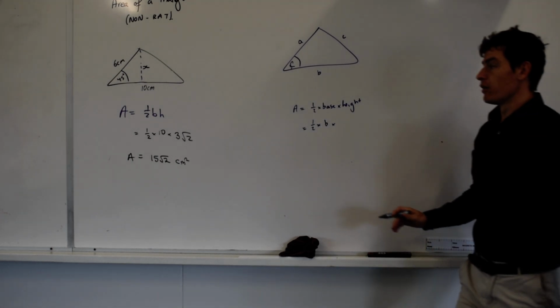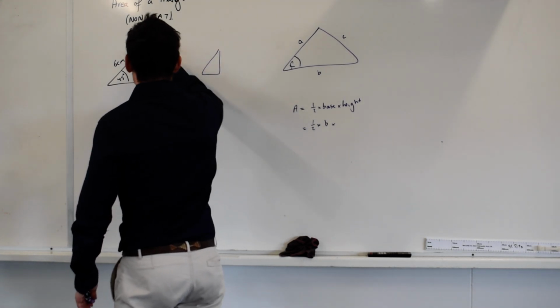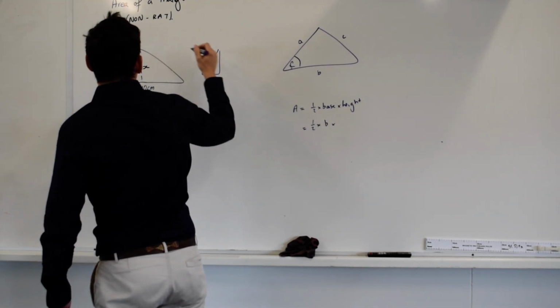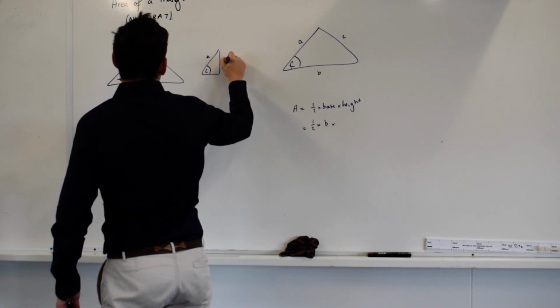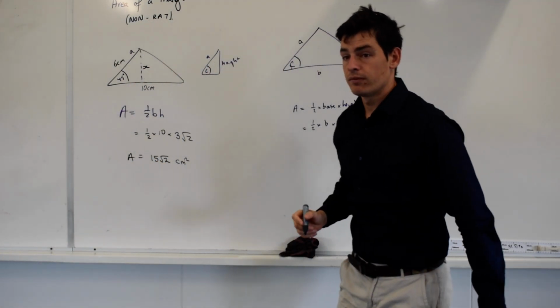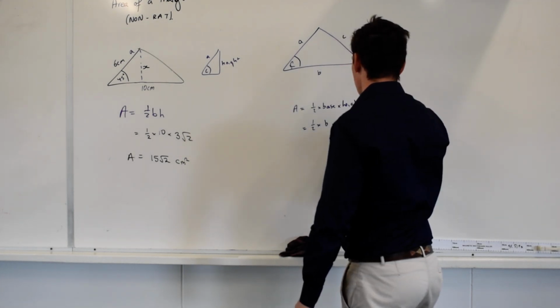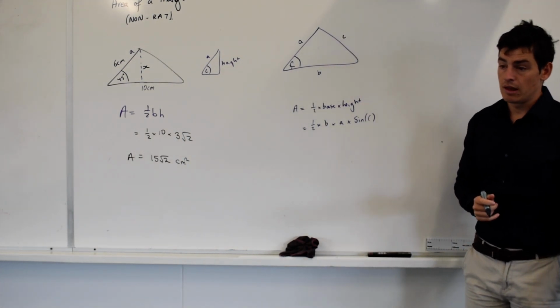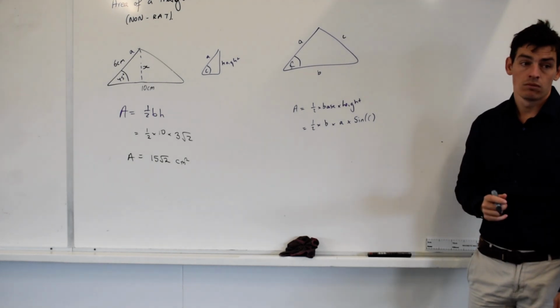And remember what we did here. When I drew this little triangle, we'll call this side A. That's our angle C, right? How do we find the height? A times sine C. Happy with that? Does that make sense?